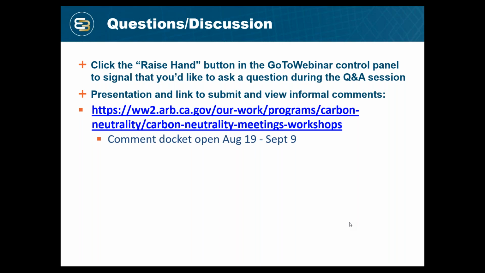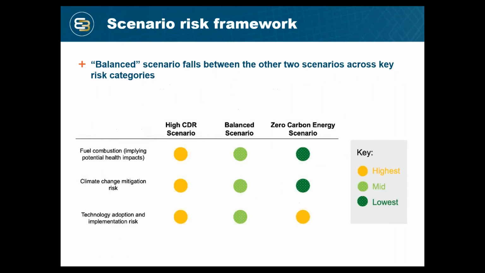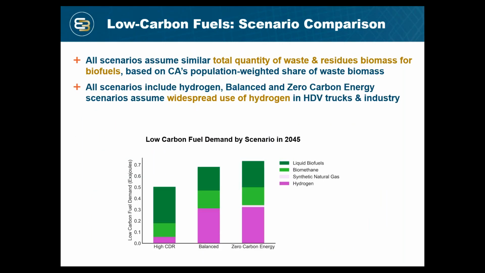So another area that you discussed and that we're interested in is how do you think about end uses for the biomass-based fuels in these scenarios? Yeah, that's a good question as well. Maybe I'll go back up to the slide that showed the biofuels. So as I mentioned on this slide, there's a similar amount of biofuels in all of the scenarios, because we're assuming that we're maximizing our reliance on the availability of biofuels to California.